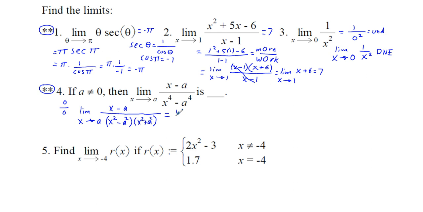So we're going to try to factor one more time in the denominator. So you have the limit as x approaches a, and we maintain our numerator of x minus a, but in our denominator, we're going to be able to factor this quantity x squared minus a squared into x minus a times x plus a, and then this quantity x squared plus a squared is not factorable.